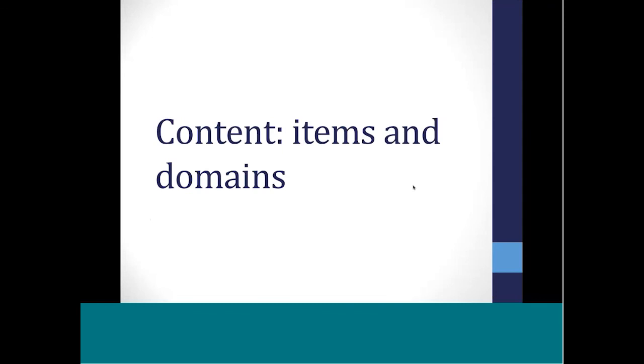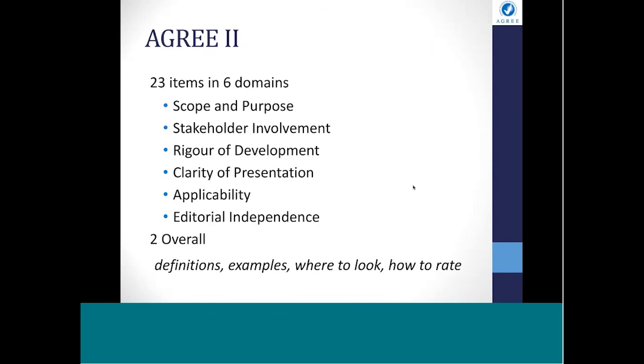So what is the content? What are the items and domains in the AGREE tool? AGREE is a relatively long tool that encompasses 23 items clustered in 6 domains. These are the 6 domains: scope and purpose, stakeholder involvement, rigor of development, clarity of presentation, applicability, and editorial independence.